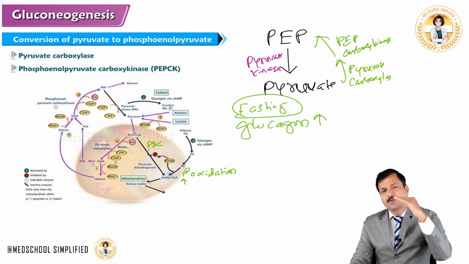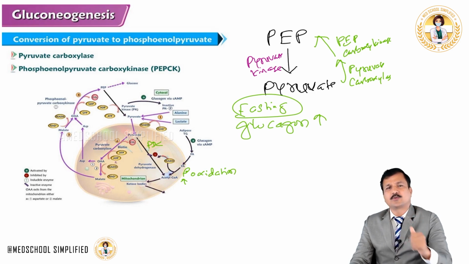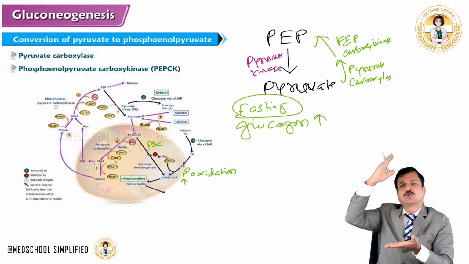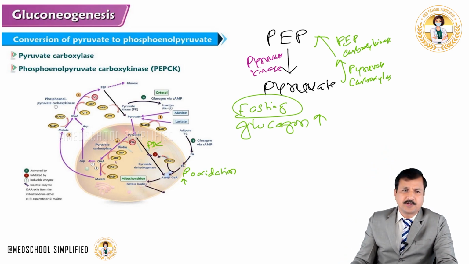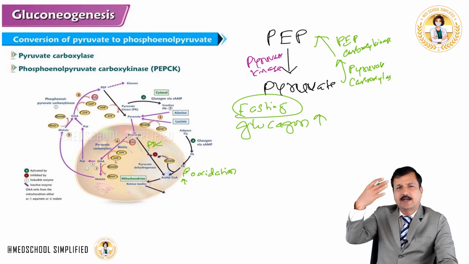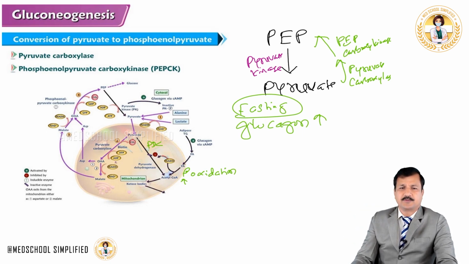That's why phosphoenol pyruvate cannot go down into pyruvate. So phosphoenol pyruvate has only one way to go, and that is to go back towards glucose formation, and that is how pyruvate is converted into phosphoenol pyruvate and directed into glucose formation.